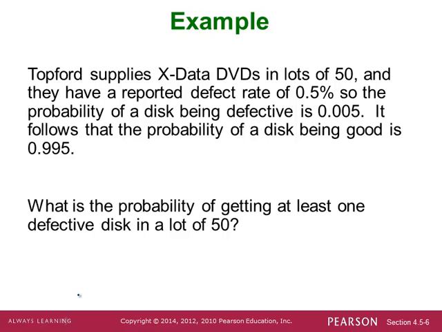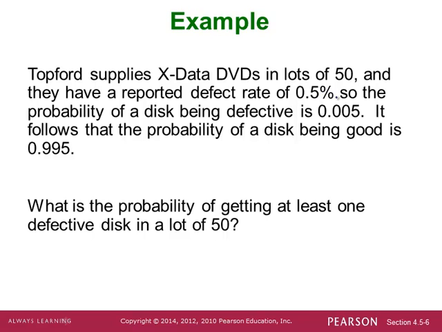So here's another example besides the coin flip. Suppose that we have this company, Topford, who supplies these XData DVDs. And they're supplied in lots of 50s. And they have reported a defect rate of 0.5%.